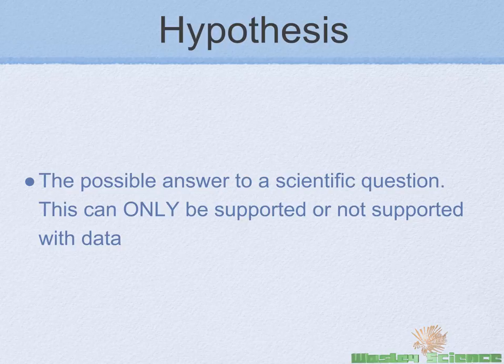And when you write about your hypothesis in your conclusion, you can only support it or not support it with your data. What I mean by that is some students will write, "Our experiment proved the hypothesis." You can't use the word proved. You can't use the word correct. You can't say our hypothesis was correct, because you can't really have a correct hypothesis.